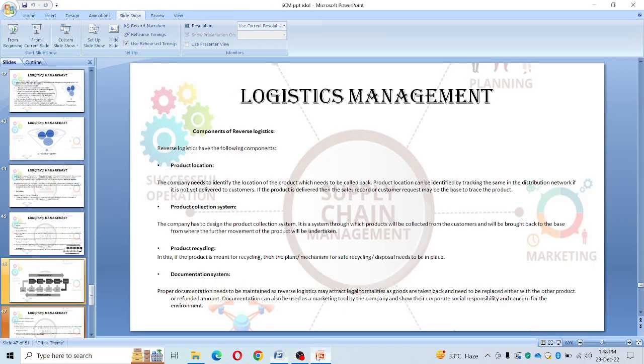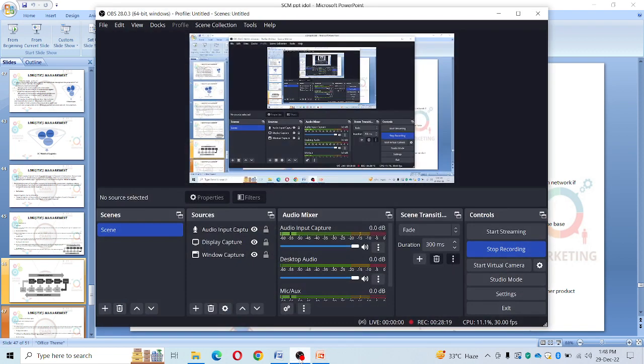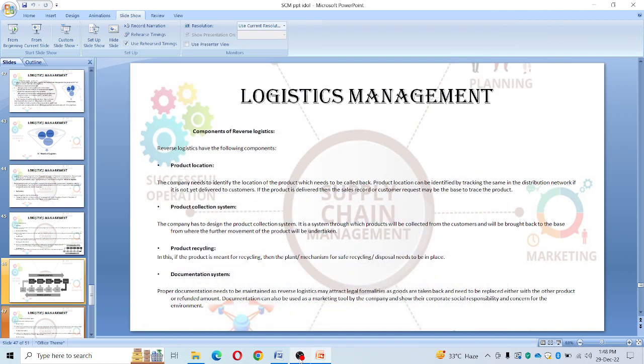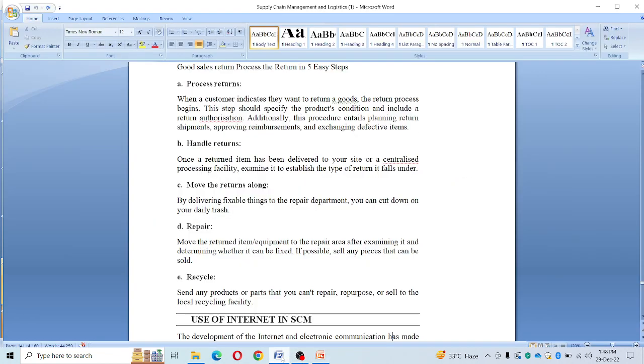All these things are given in these components of reverse logistics, wherein we are talking about the product location, the product collection system, the product recycling, and also the documentation system. So this return management vis-a-vis reverse logistics we have done.